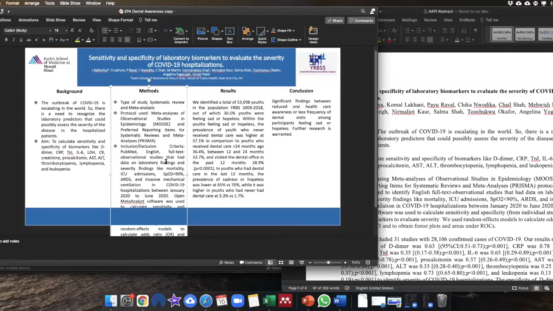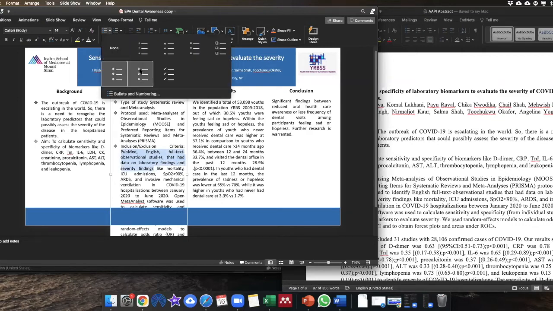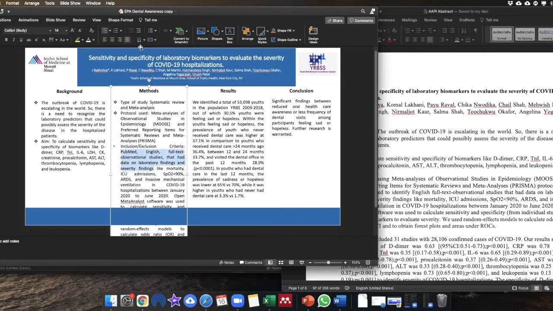and that has data. So what I'm going to do is I'm going to select this thing, and I'm going to change subtitle here as PubMed English.